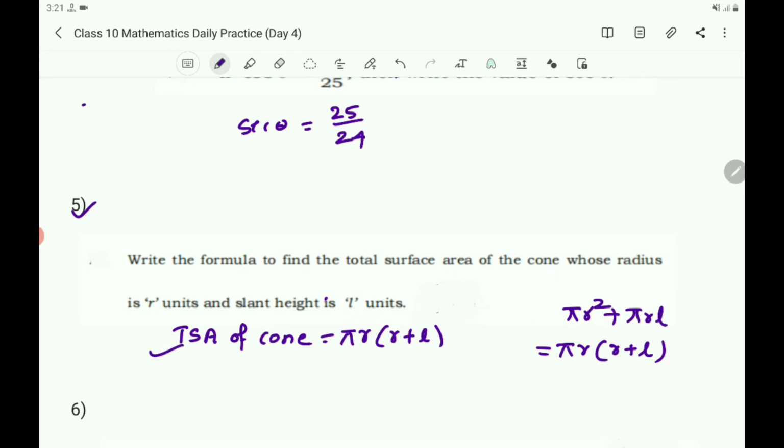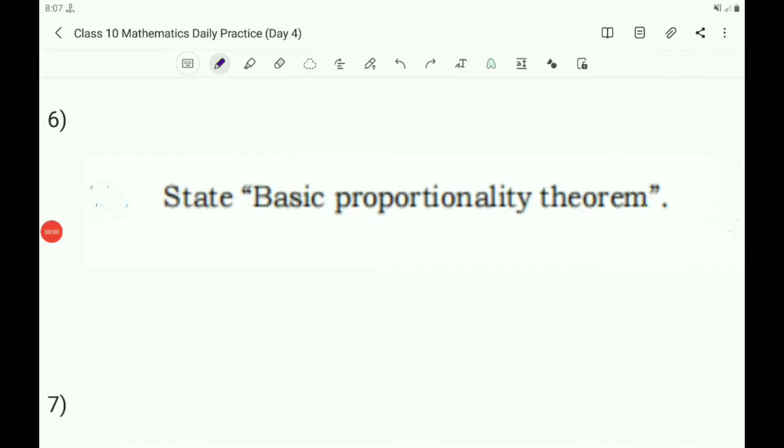TSA of cone equals pi r into r plus L, where r is the radius and L is the slant height.